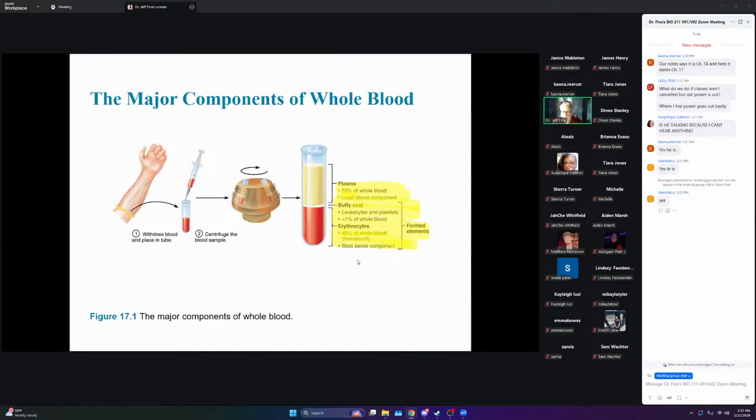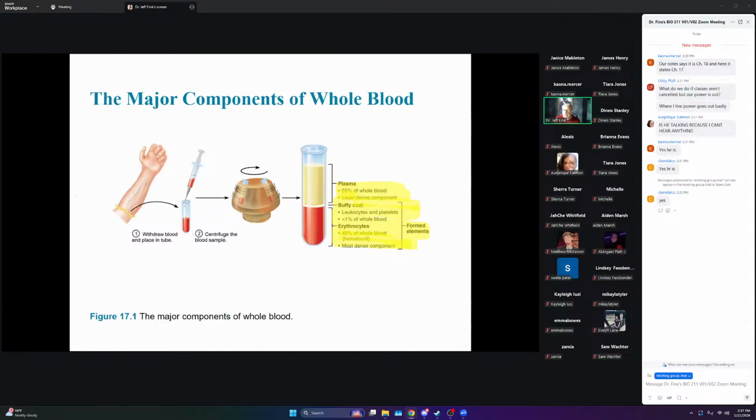on an exam, okay? So when we talk about whole blood, once we spin it in the centrifuge, and again, we've talked about this and introduced this in lab previously, 45% of blood are what we call the formed elements, okay?